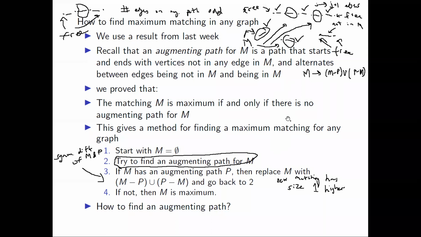So the only time that we're going to assume that the graph is bipartite for this algorithm is on the next slide when we show how to find an augmenting path easily for bipartite graphs. So that's going to be the next slide. We will focus on bipartite graphs. And this slide that we just did is fully general for any graphs.